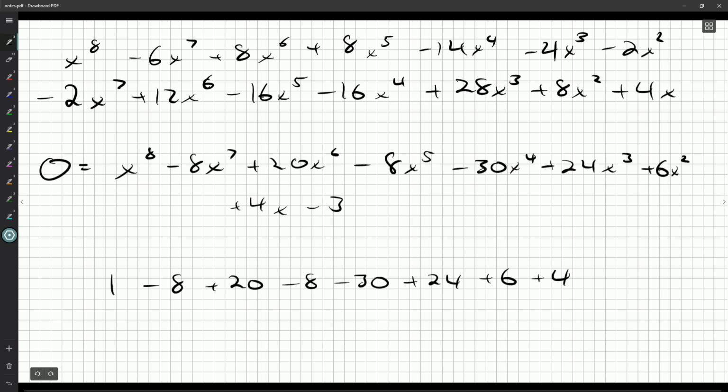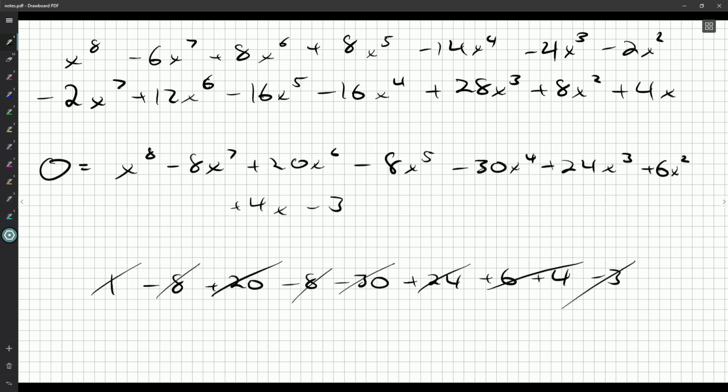You'd try 1, and then you'd realize, oh, 21 plus 24 is 45, 55, minus 30 is 25. Oh, even that didn't work. I'm sure I've screwed up a calculation in here somewhere.